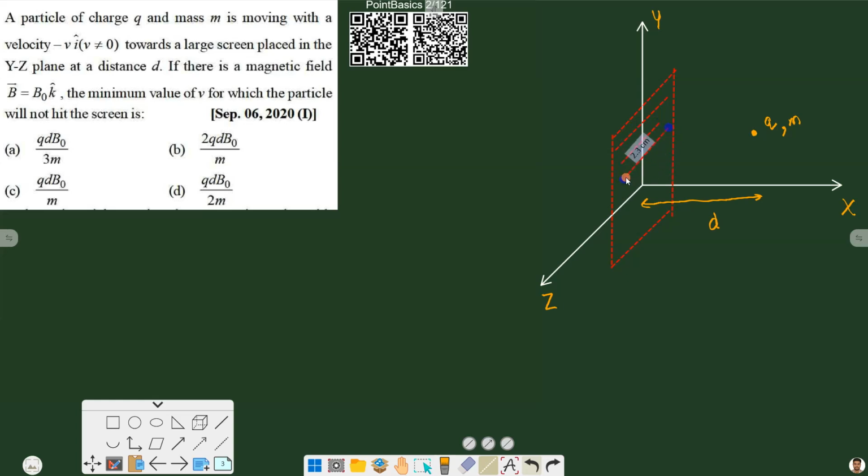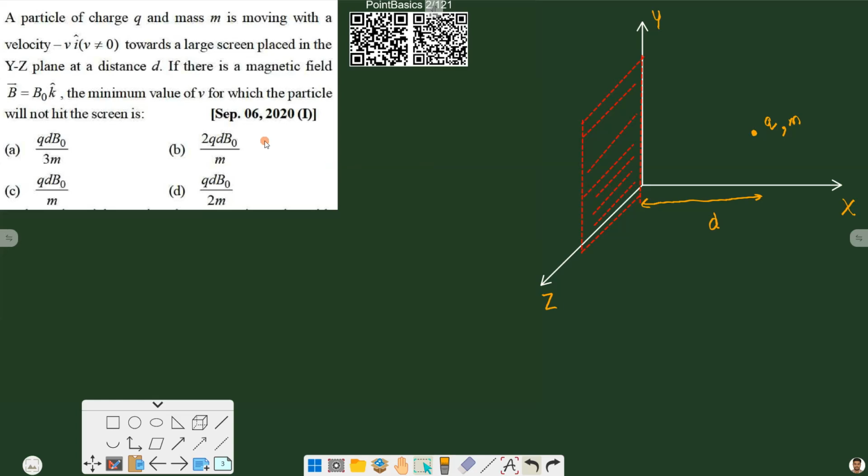Hopefully you are able to visualize it in the YZ plane. This screen is in the YZ plane. And at the D axis, I think we have to move it slightly so that it will be better visible. So I'm going to pause the video here so that I can adjust the diagram. I think now it's better, the screen looks properly in the YZ plane and the particle is at a distance D.